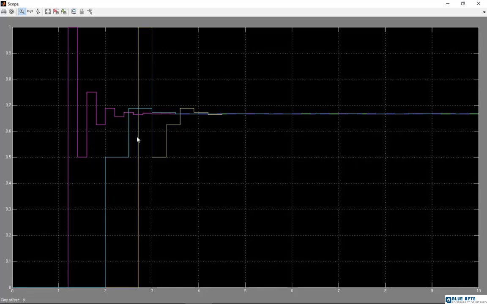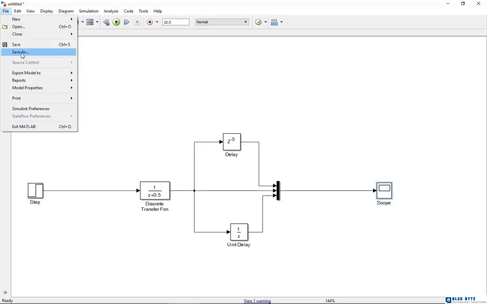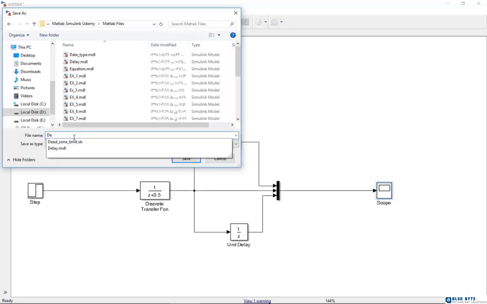The other one has gone forward for 5 times 0.3 units. You can use delay in discrete systems. I save it as delay discrete.